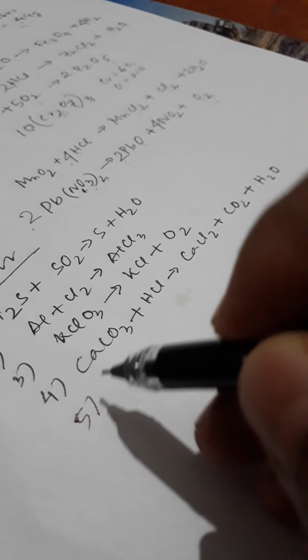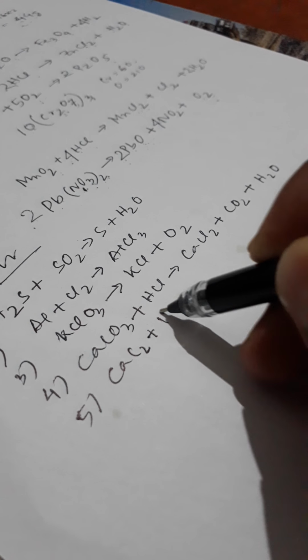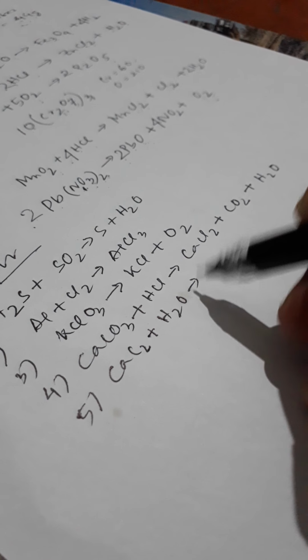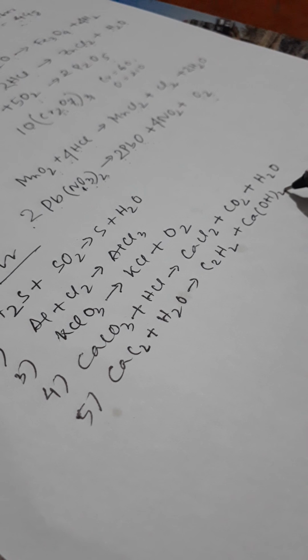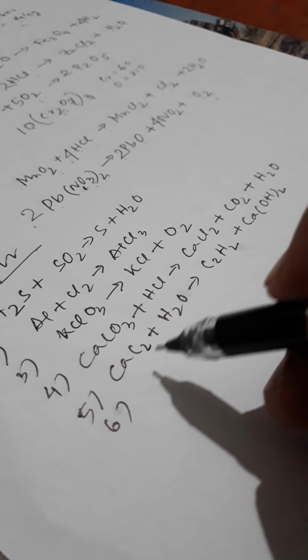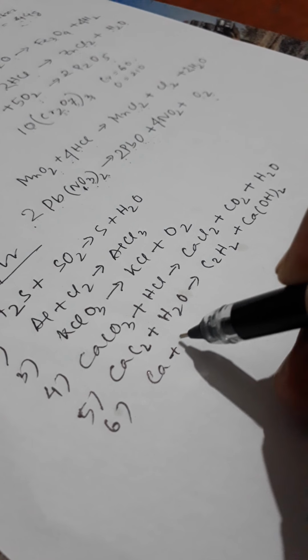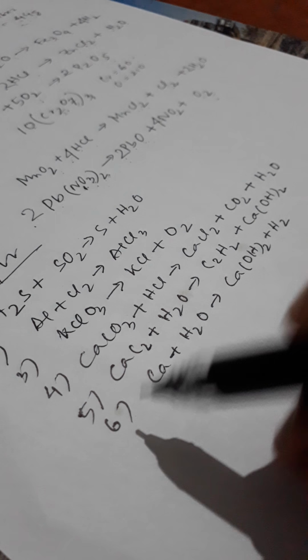Number 5, calcium carbide plus H2O gives acetylene plus calcium hydroxide. Number 6, calcium plus H2O gives calcium hydroxide plus H2.